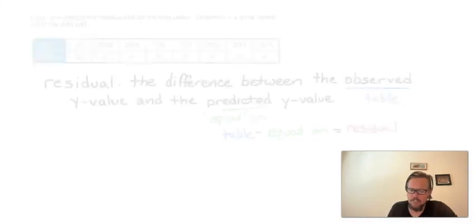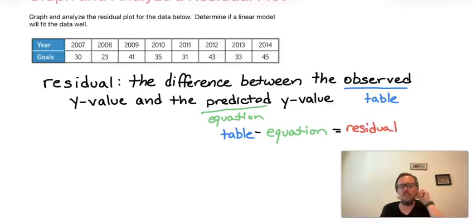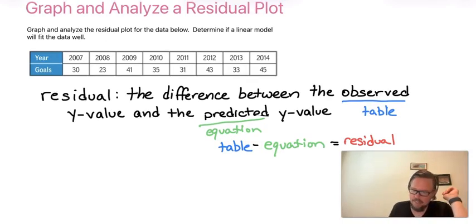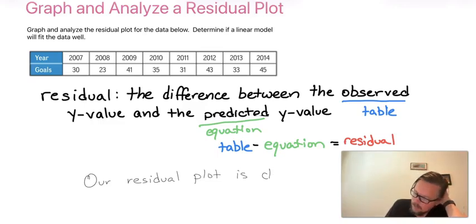Okay, so what this means is because our residuals were mostly around the line above and below, we can say that our residual plot is clustered close together.